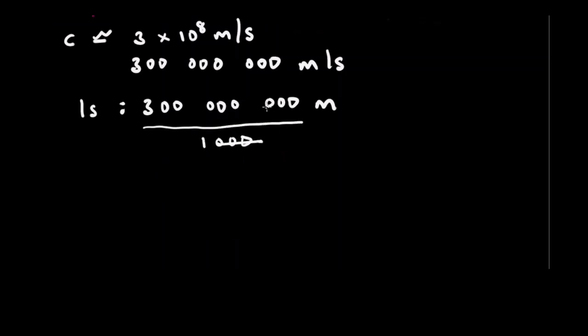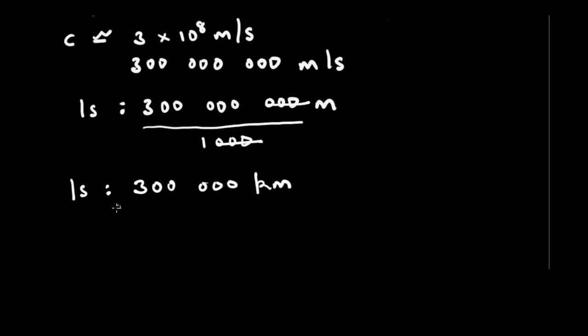So these 3 zeros will cancel out. We now have 1 second being proportionally equivalent to 300,000 kilometers. So in a second, light travels for 300,000 kilometers.